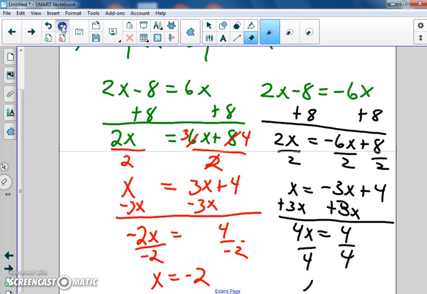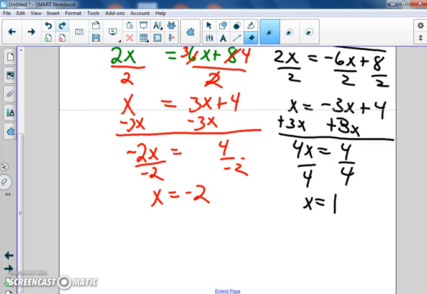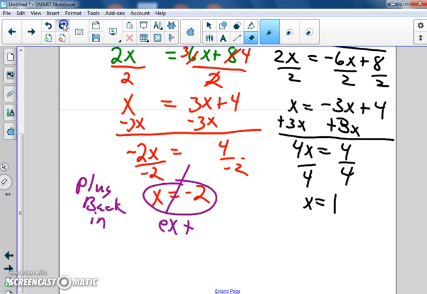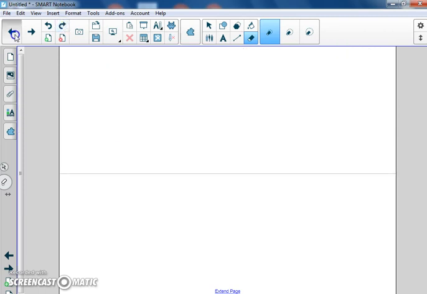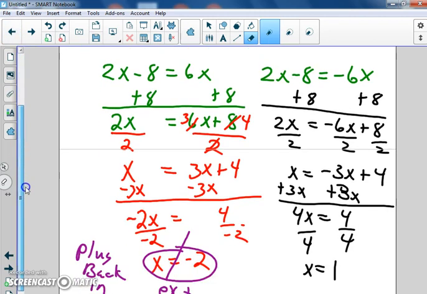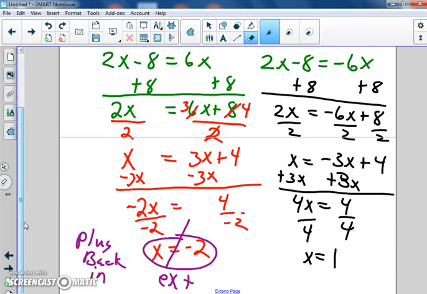X will equal 1. Your answer should be -2 and 1, but when you plug the -2 back into the original equation, you find out it will not equal, it's extraneous. Therefore, you only have one answer, which is that x equals 1.